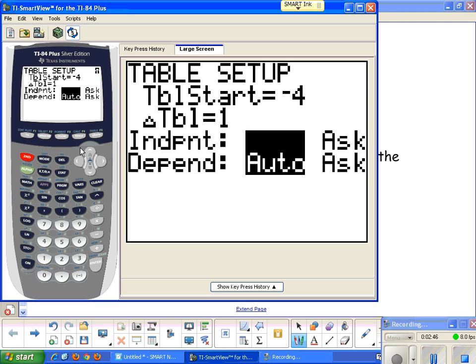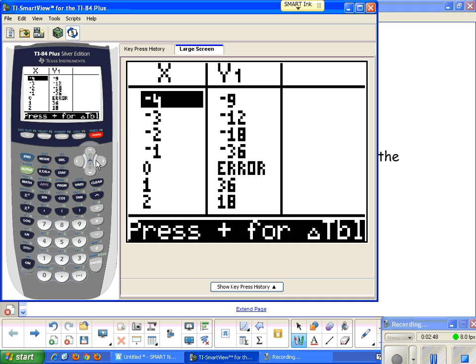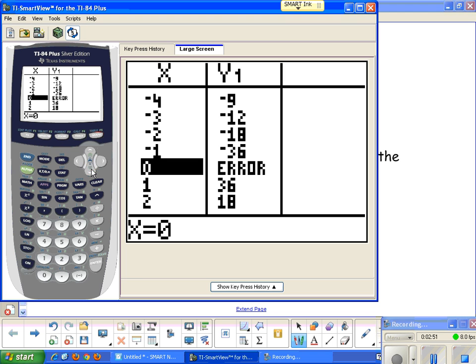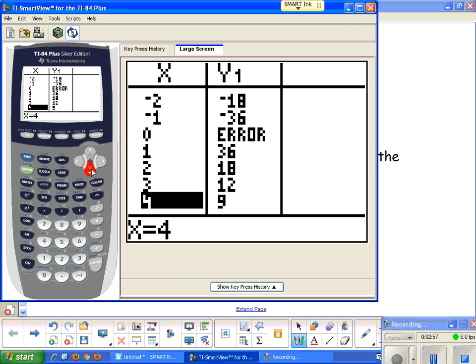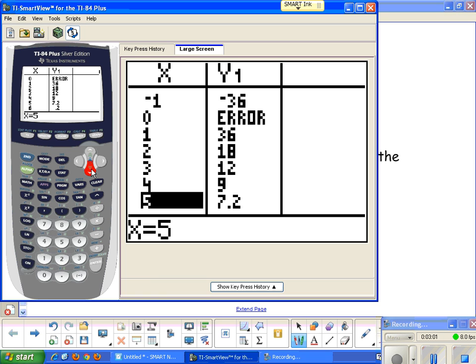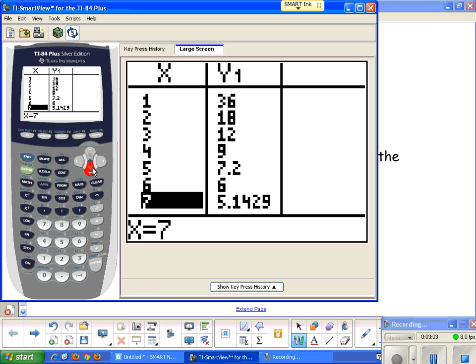Now if I go to my second graph, notice I get my table values. If I start at 1, I know that 1 and 36 are going to be factors, 2 and 18, 3 and 12, 4 and 9, 5 and 7.2 are not factors because it doesn't go in evenly, 6 and 6, and since I get the same number back, I know I can stop there because that's the last one that's going to be a factor.